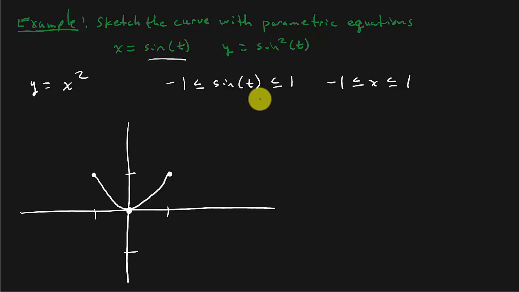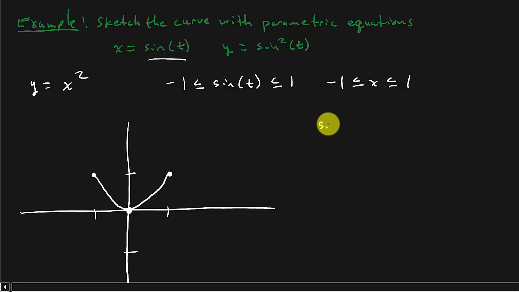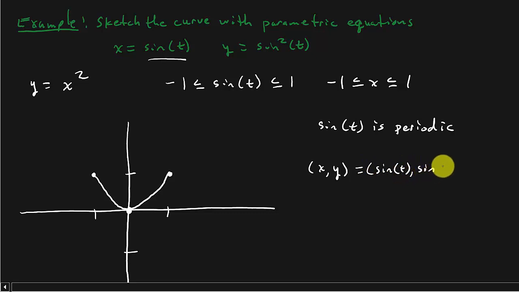But what's going to happen here? We know that sine t is a periodic function, right? And the points that we're going to have, our x, y points, are actually going to be sine t and sine squared t, right?